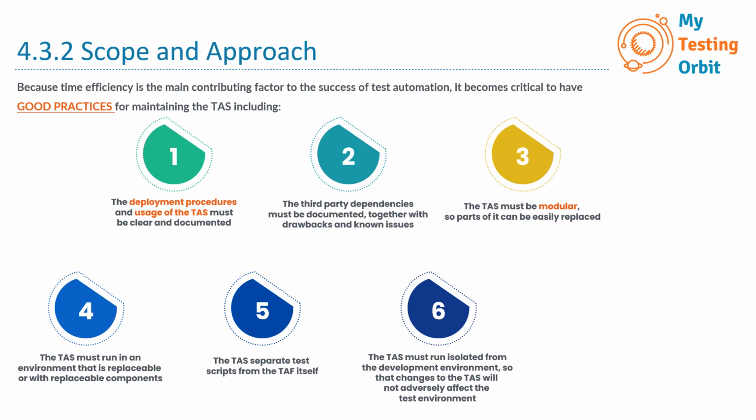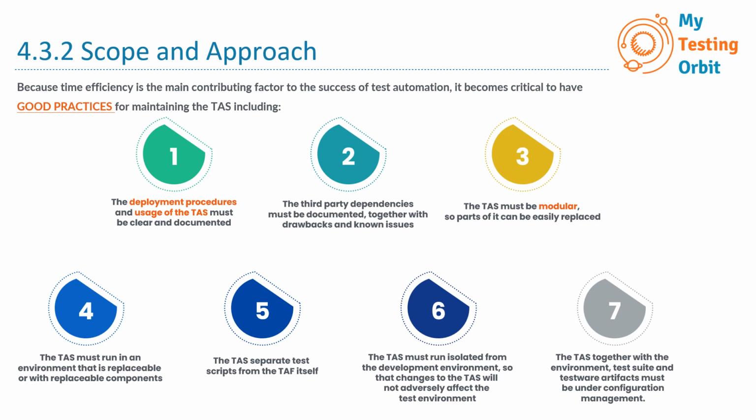Also avoid using the same databases or data sources as the development team. Running the TAS separately from the development environment ensures that changes or issues in the development process do not impact the testing environment. It promotes stability and reliability in your testing process.